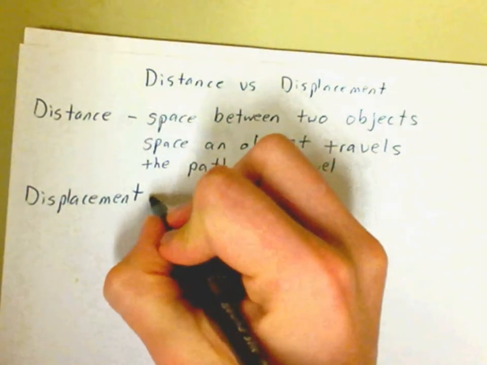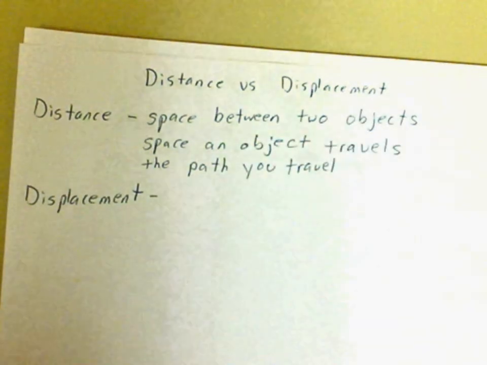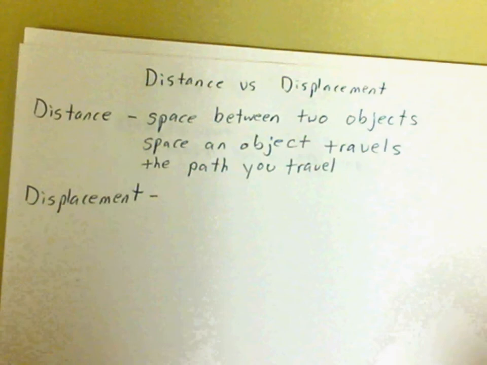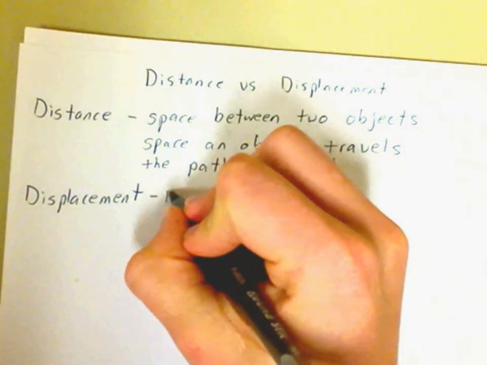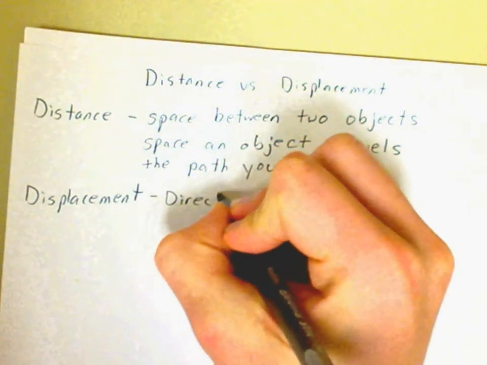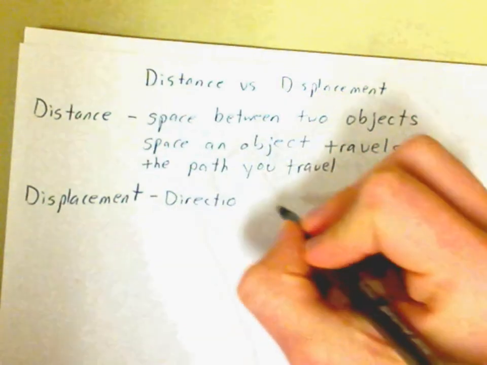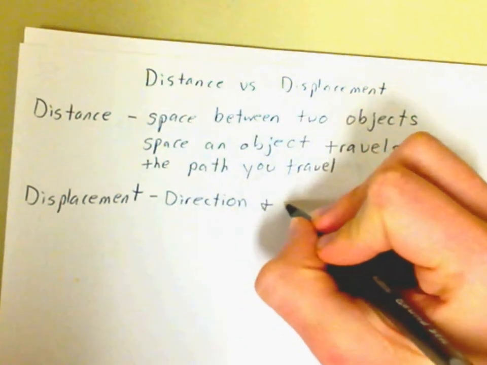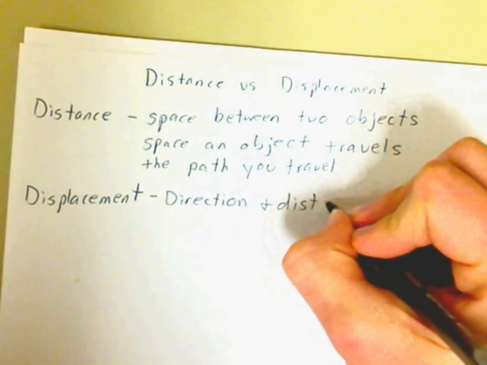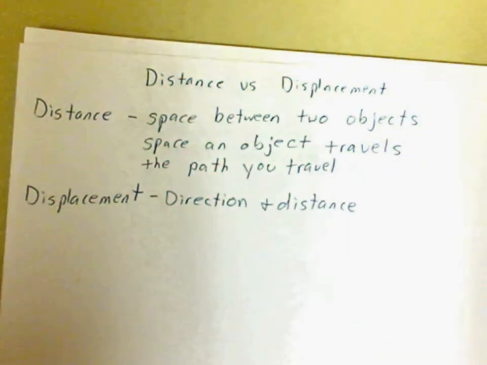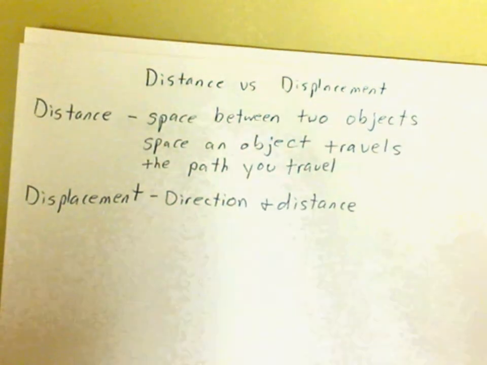Now let's talk about displacement. Displacement is basically you have a distance and direction. Okay? Direction and distance. So that's what your displacement is.